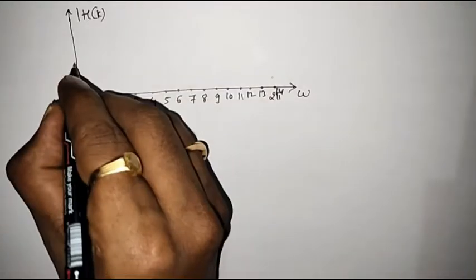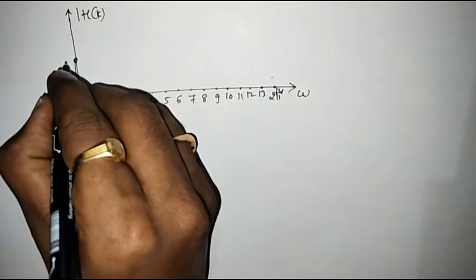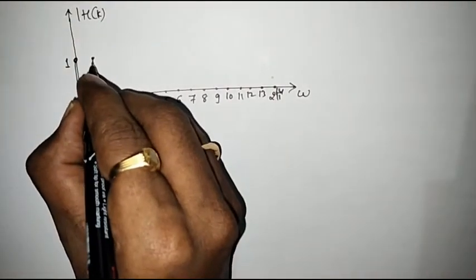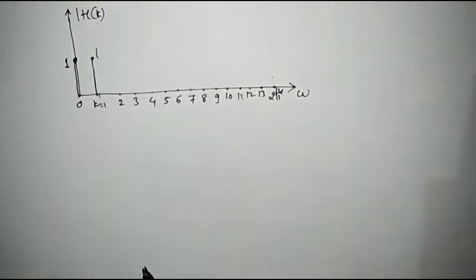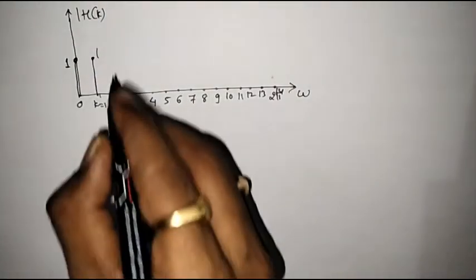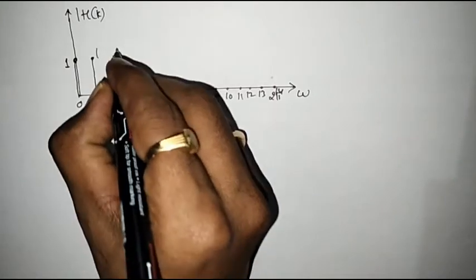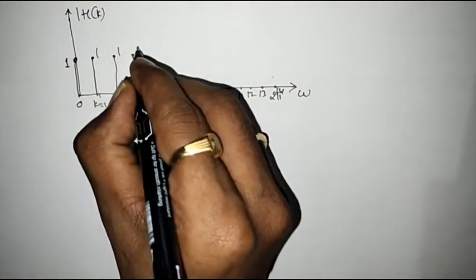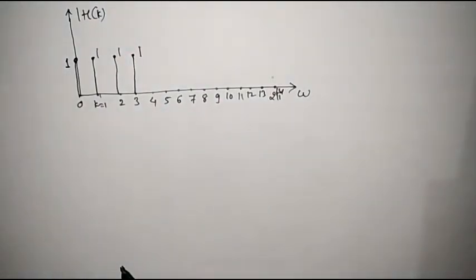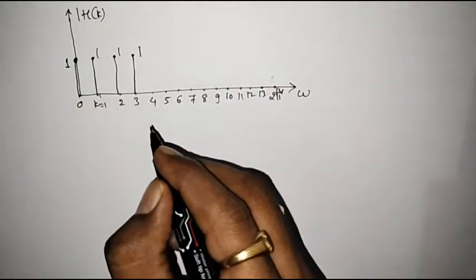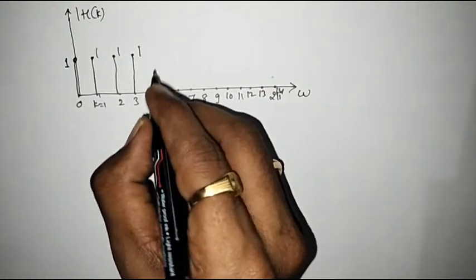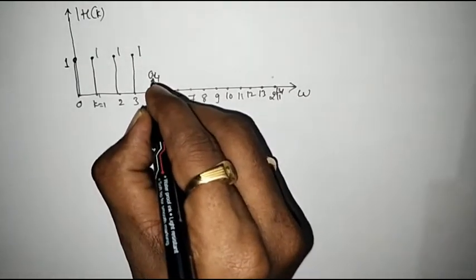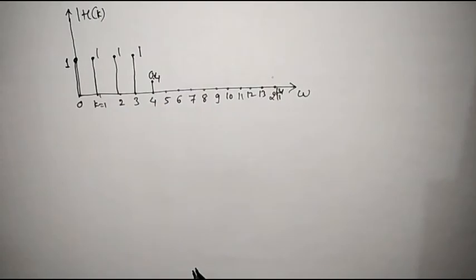For k equal to 0, its value is 1. Let the magnitude be 1. For k equal to 1, it is also 1. For k equal to 2, its value is 1. For k equal to 3, the value is 1. And for k equal to 4, the value is 0.4. Let us assume this as 0.4.